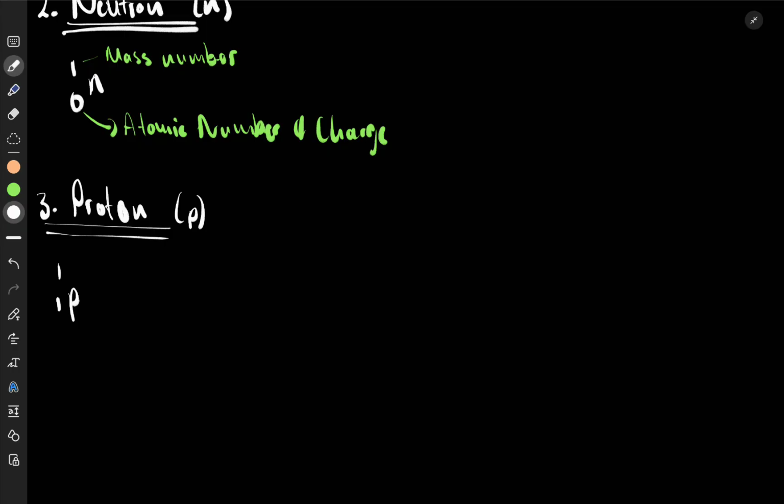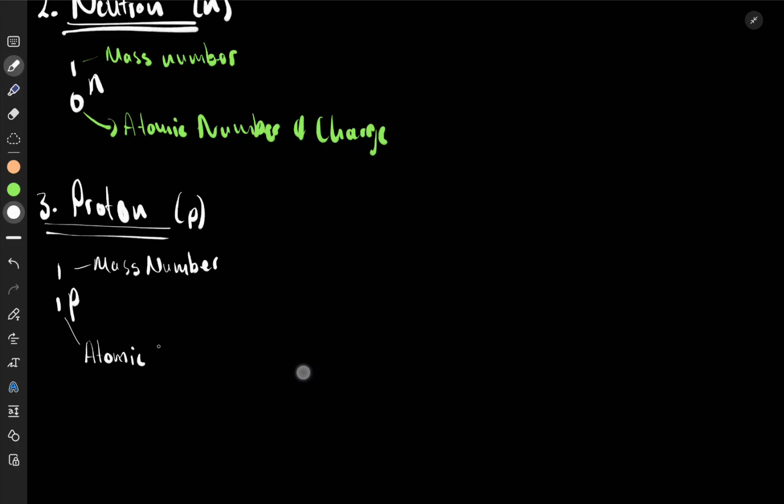I want you to know more about this guy called proton. This is our mass number, which is protons plus neutrons. Then protons alone are also 1. So in actual fact, this thing has 1 proton only.